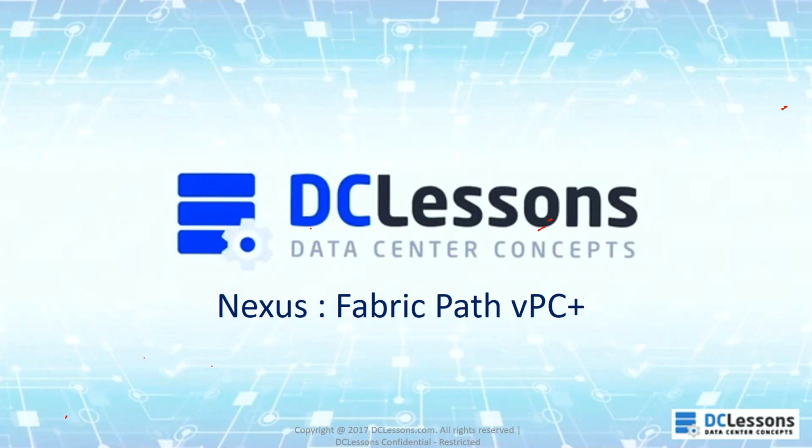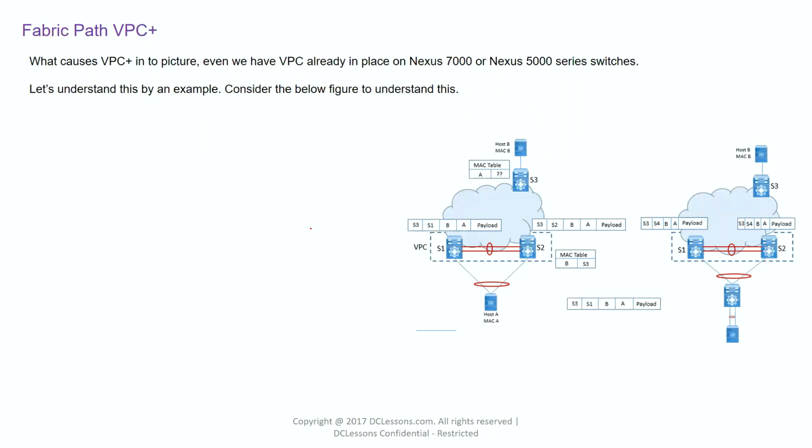Today we are going to learn the FabricPath VPC+ scenario. In order to understand FabricPath, we have to see the scenario of how the traffic moves when we have FabricPath with VPC.